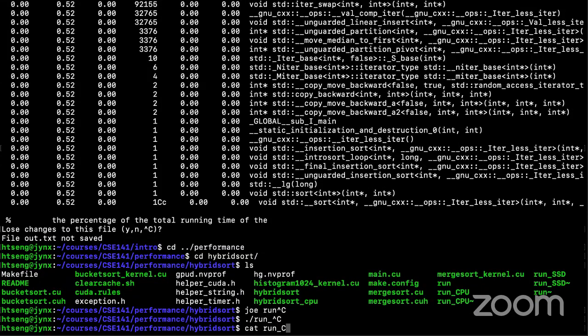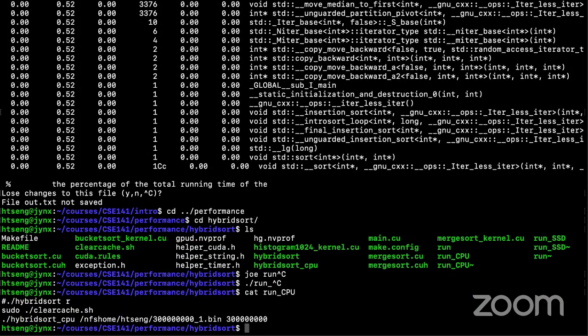For this CPU program, first of all, I have a CPU version of this hybrid sort, but internally it just does quick sort, and this file is actually on the hard disk drive, and I'm sorting 300 million numbers.